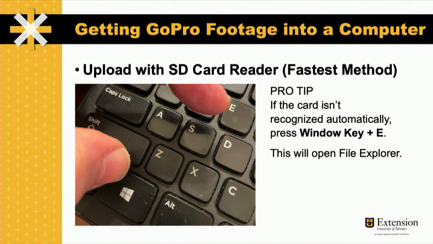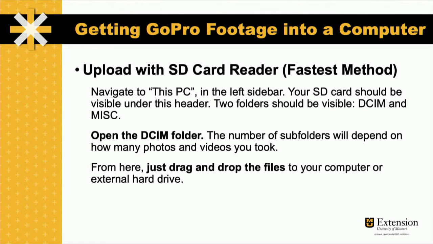Here's a pro tip I picked up using the jargon from GoPro's website. If it doesn't automatically pop up, you can hit the Windows key and the E key, and that should make File Explorer pop up. Then on the left-hand side of the sidebar, you navigate down until you find the card.